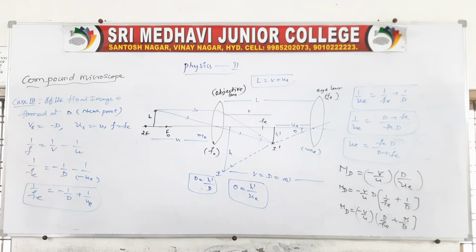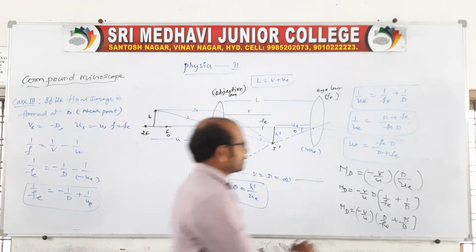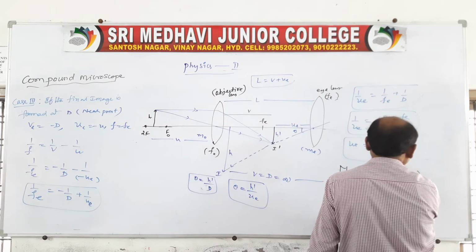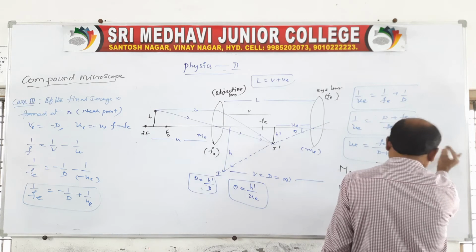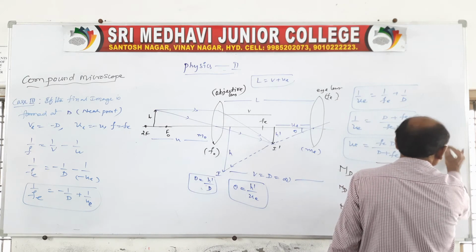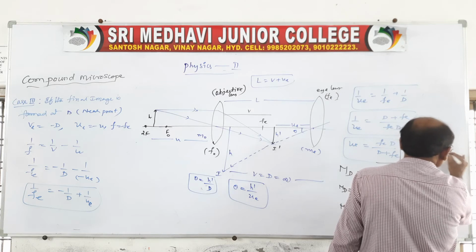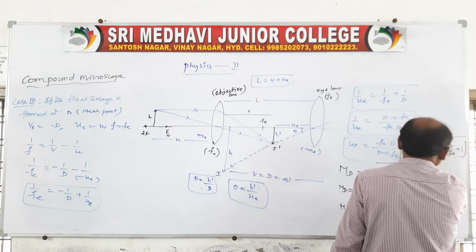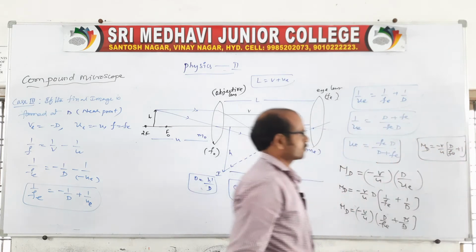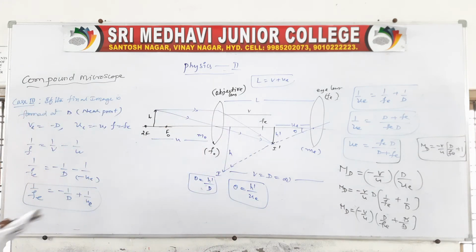Then the magnification, the capital MD, which is the final magnification when the image is at the near point, is minus V by U into D by FE plus 1. This is related to when the object is positioned at A like this. Therefore, the image will be obtained like this. Clear?